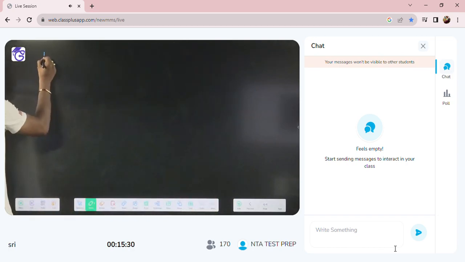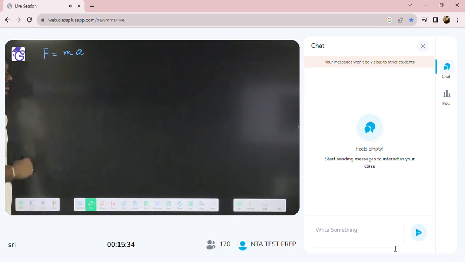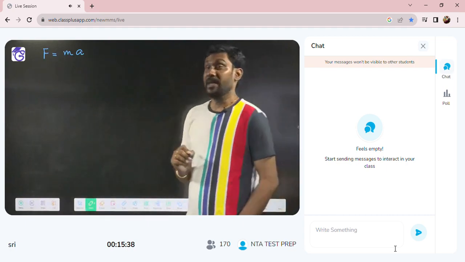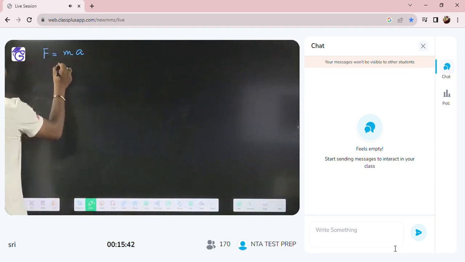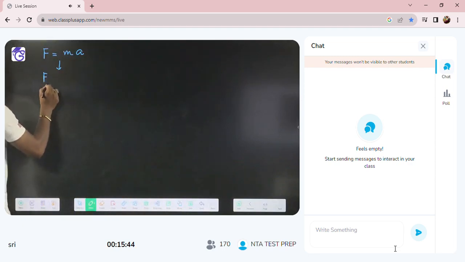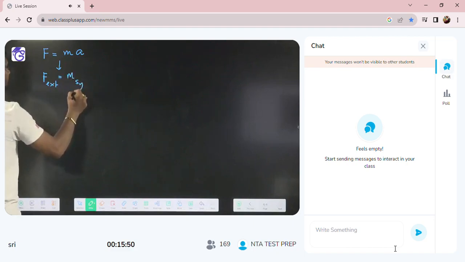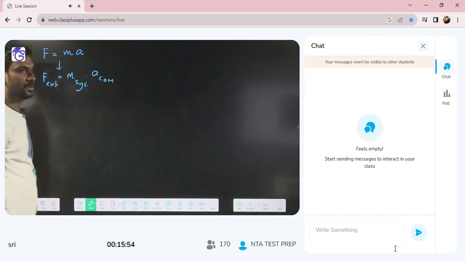So in Newton's laws of motion, we have written F equal to mass into acceleration. Here in this case, we will modify this equation and write F external is equal to mass of the system into acceleration of center of mass.